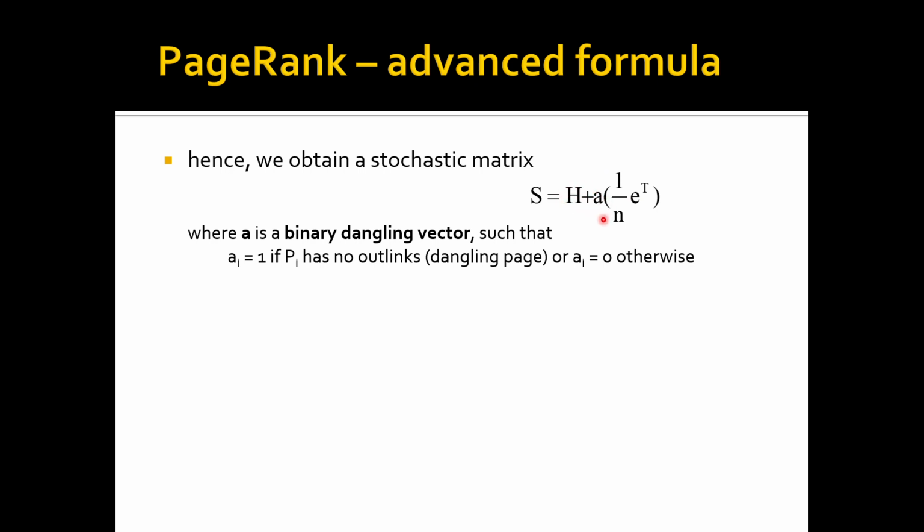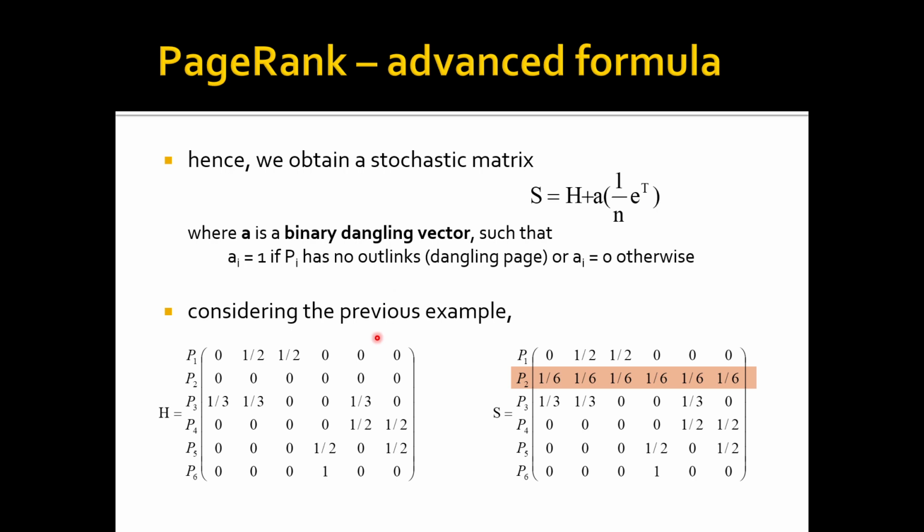So in the example we have this 0 row, and we have another matrix that only creates this non-zero row, and we add these together and we get the matrix S. So it will be the stochastic matrix S. So now we have a stochastic matrix because the rows that were already non-zero were already stochastic. And we added more to the 0 rows. So now all of the rows are non-zero and the whole matrix is stochastic.